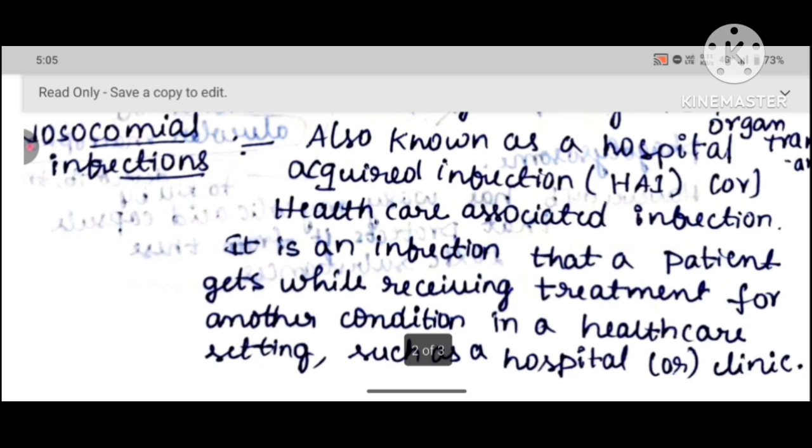The patient basically doesn't have this disease prior to the treatment, but in the process of getting treatment, he may become prone to this kind of nosocomial infection.